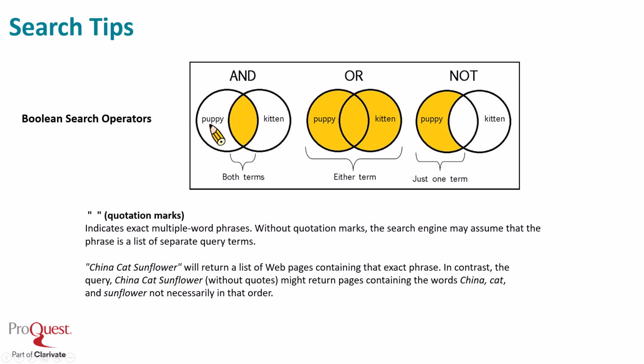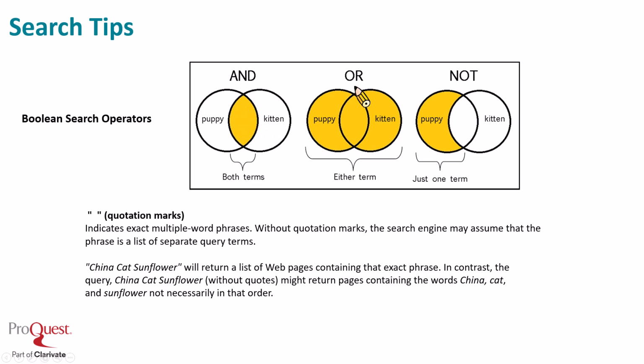In this example, just look at this diagram. We use puppy and kitten. If I use AND to combine these two keywords, puppy and kitten, that means I'm looking for articles that contain both puppy and kitten. That's this area highlighted in yellow, because this area contains both puppy and kitten.